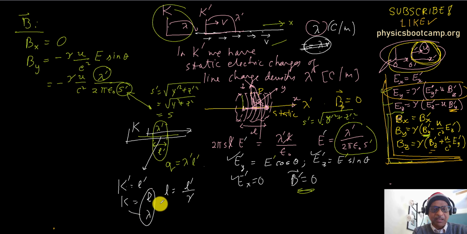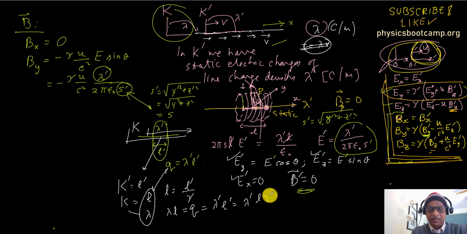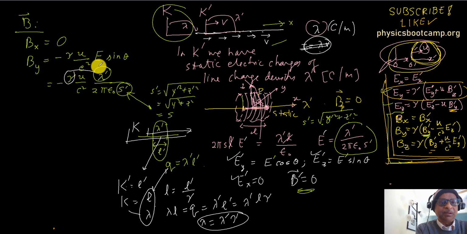So lambda times L must be equal to the same amount of charge as lambda prime times L prime. And so L prime is lambda prime L gamma. And so lambda is lambda prime gamma.